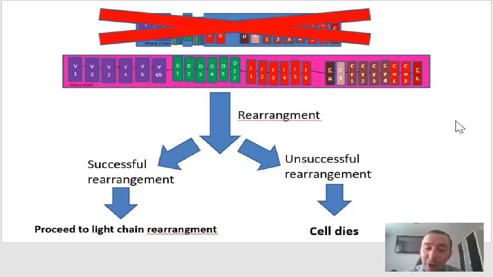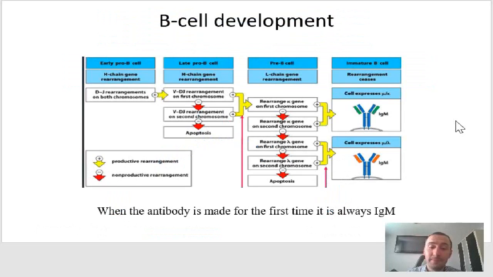If after further editing of the gene it's unsuccessful, then because there was an inability to successfully rearrange the heavy chain in both copies of the gene, then the cell is instructed to die. Okay? So it'll try to edit both copies of the gene. If both copies are unsuccessful, then the cell has no choice but to kill itself, because there's no point in having a B cell with a heavy chain that does not work.